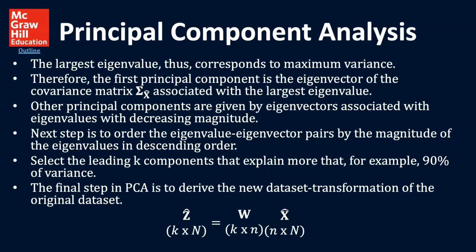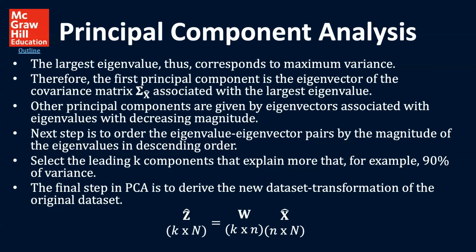The largest eigenvalues thus correspond to the maximum variance. Therefore, the first principal component is the eigenvector of the covariance matrix sigma x hat associated with the largest eigenvalue. Other principal components are given by eigenvectors associated with the eigenvalues with decreasing magnitude.